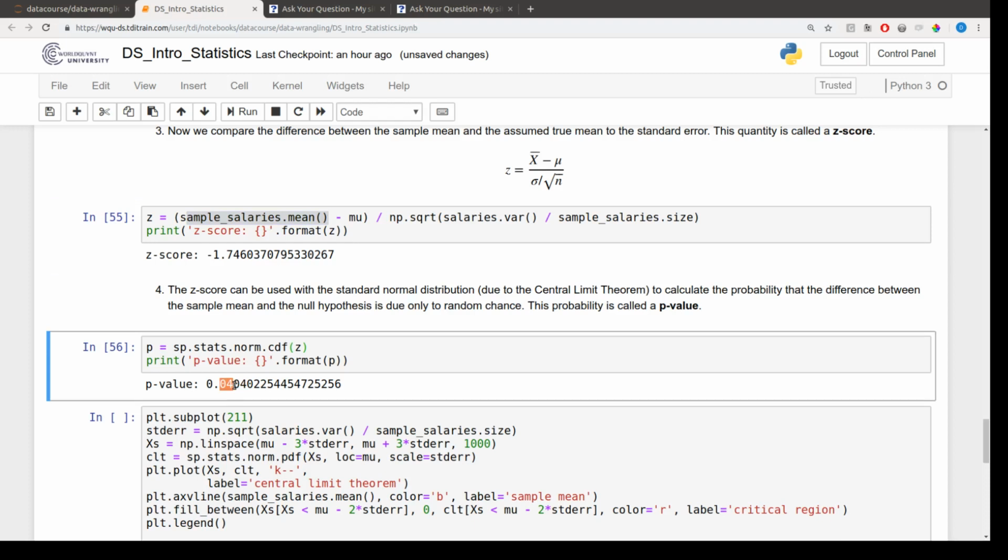So you might say, hey, I went out, I collected 100 salaries. The average was $60,500, and there was only a 4% chance that I would observe that big of a difference from 70,000 only randomly. And I would say, all right, well, that's less than the 10% chance we had agreed on before, so you must be right.